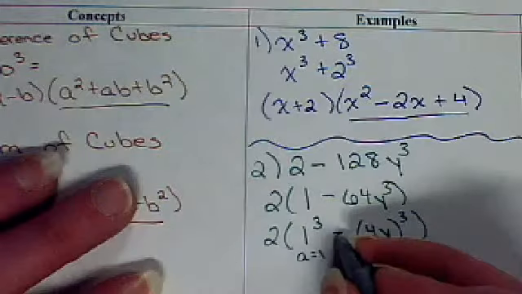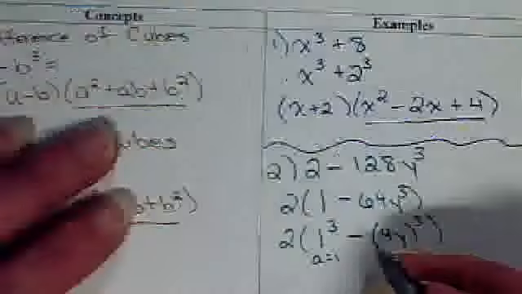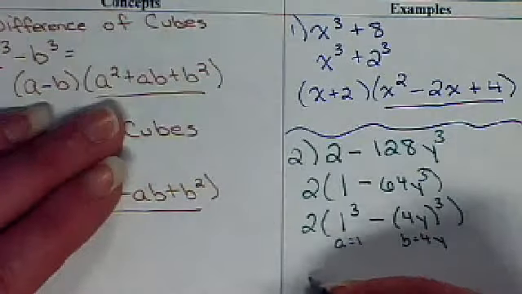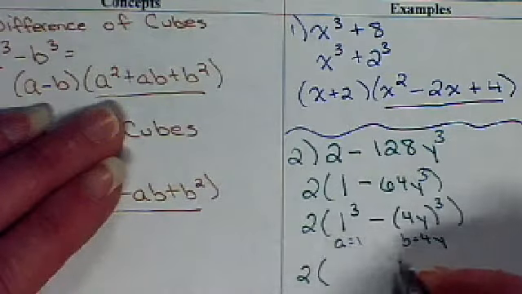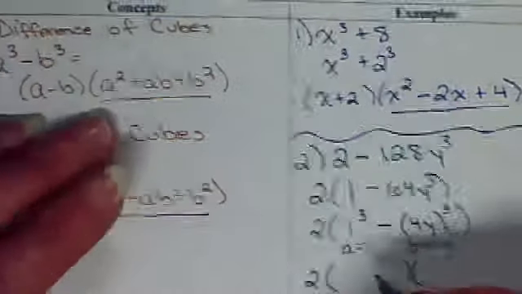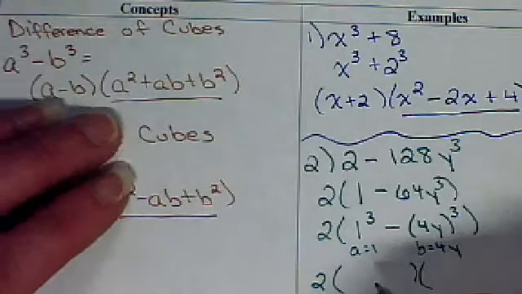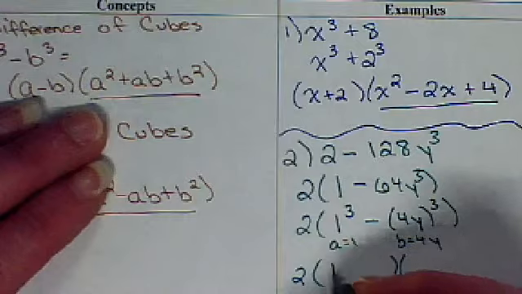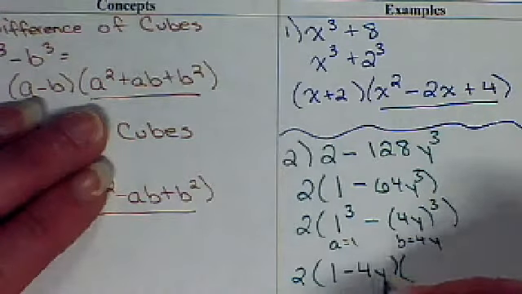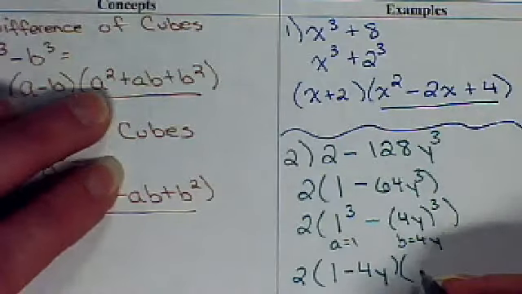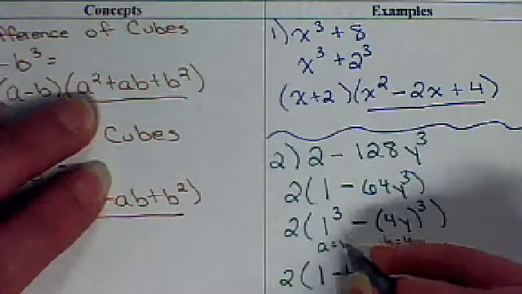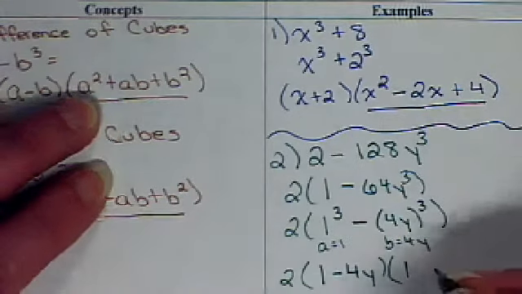All right, so we're going to be using the difference formula because that's a minus. Now the 2 we factored out does stay on the outside. In our first parentheses, we're supposed to have A minus B. Well, that's easy. That's the 1 minus 4y. In the second parentheses, it says to take A and square it. Well, A was 1, so 1 squared is 1.